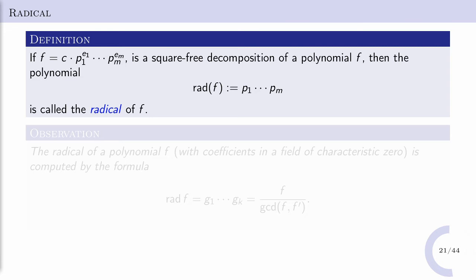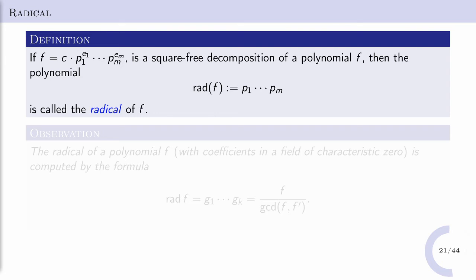So if we have a polynomial and we can factor it into a product of powers of irreducible polynomials, then the product of these irreducible factors of f, but with first exponents and without the unit, is called the radical of f. The same idea applies to the integers, and maybe for integers it's easier to understand what the radical is.